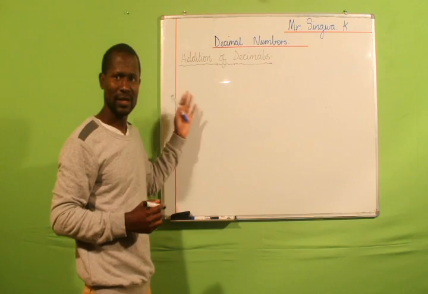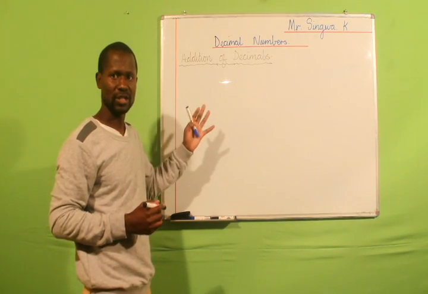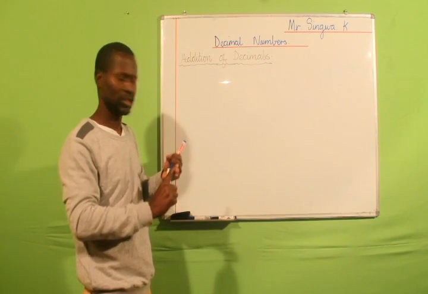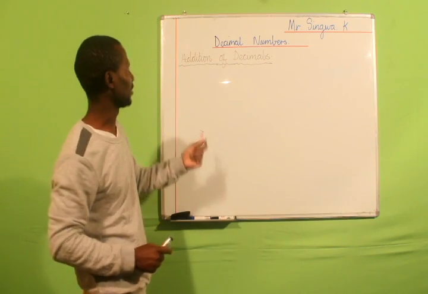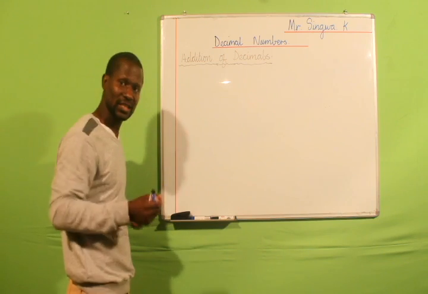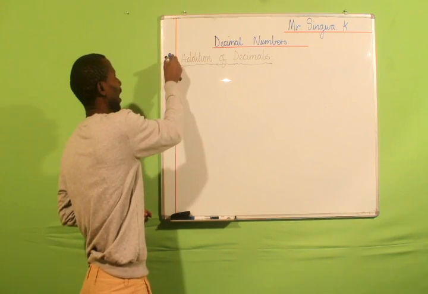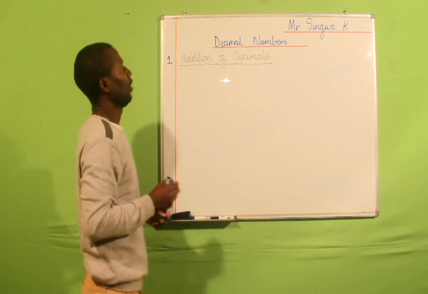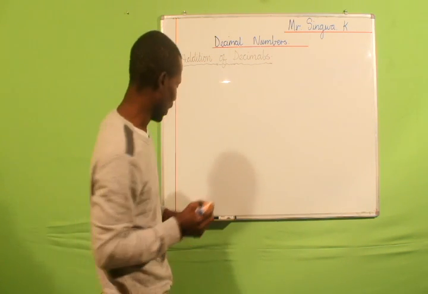Even these numbers have the four operations, which are addition, subtraction, division, and multiplication. We need to start with, first, knowing how to add decimals.